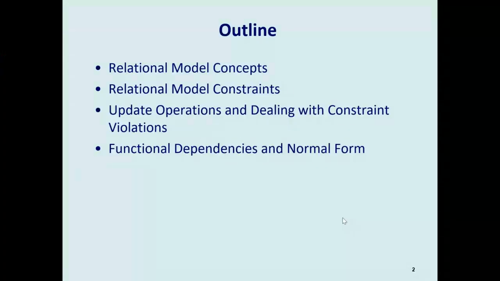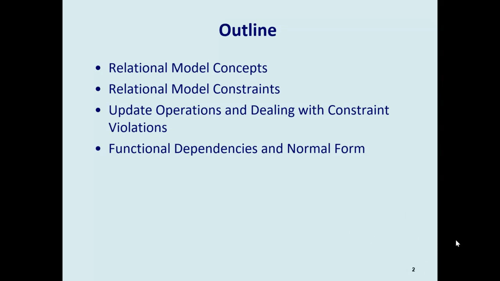Okay, good. So I think the relational data model is one of the key chapters we're going to cover in this class, because once we go to SQL programming and PL/SQL programming, they are all based on the concept of the relational data model. So what is a relational data model?